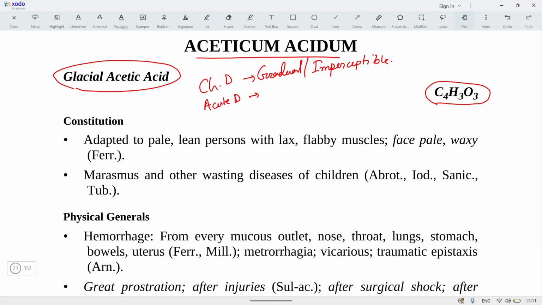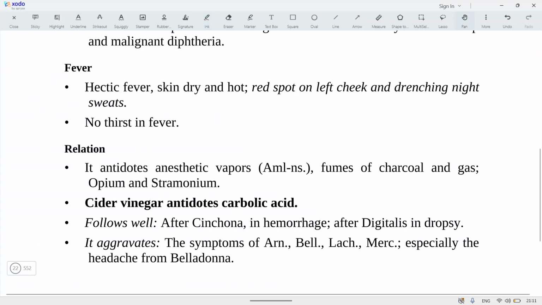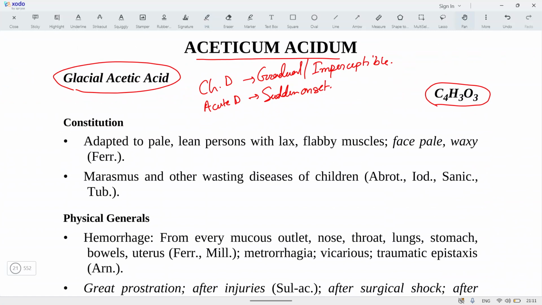And in case of acute disease, it has a sudden onset. That means how this disease started can easily be remembered. Maybe it is 3 months or a few weeks ago. But in case of chronic disease, it started 2 to 3 years ago, but clearly I do not remember.